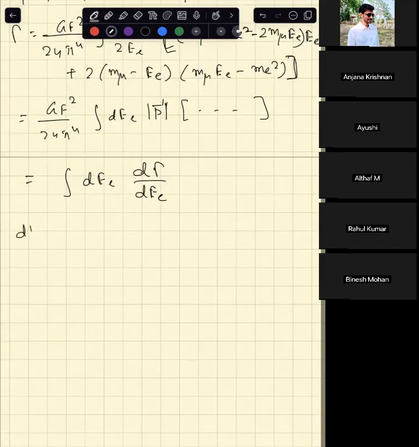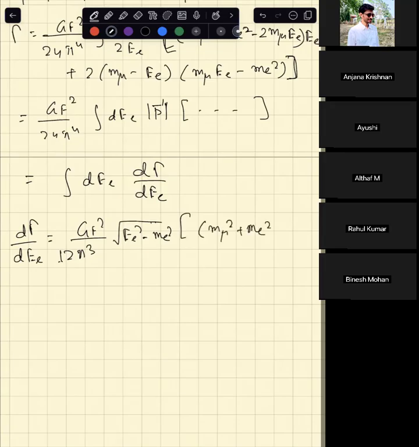From there we can write down the differential dΓ with respect to the electron energy as G_F squared by 12π cubed, E squared minus m squared, and then we have a (M_μ squared plus m squared minus twice M_μ E) times E plus twice (M_μ minus E)(M_μ E minus m squared).